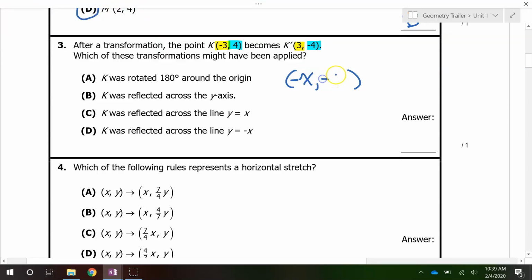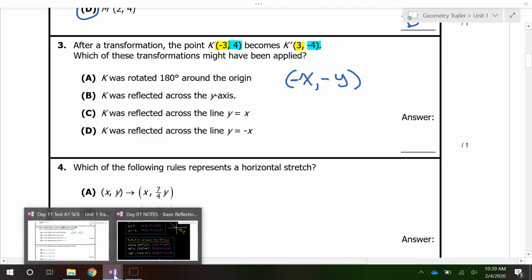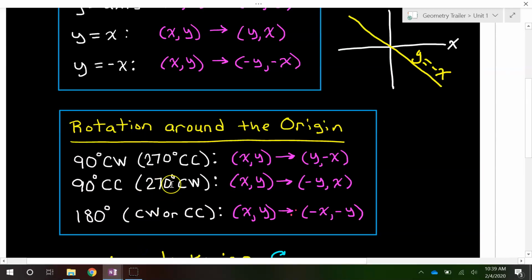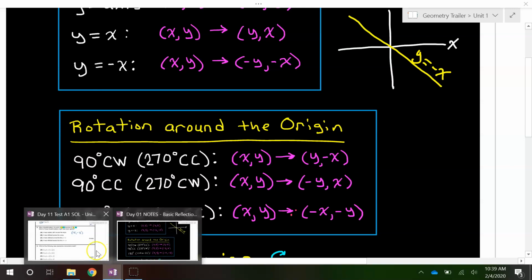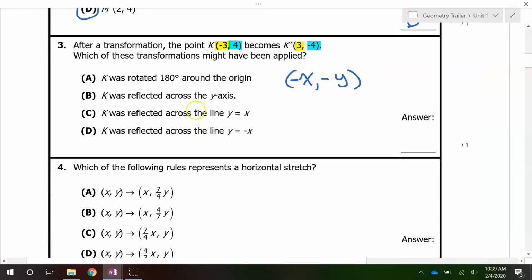So that's going to be the opposite of y. Okay, so opposite of x, opposite of y. That is a 180-degree rotation. So that's why the answer is A.